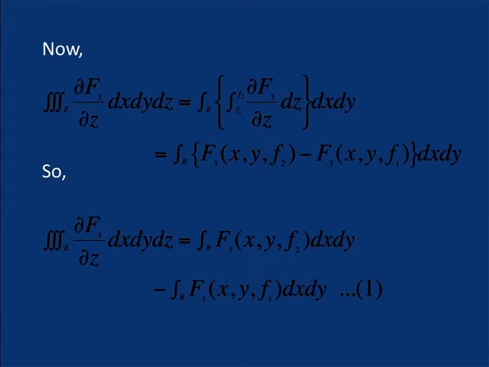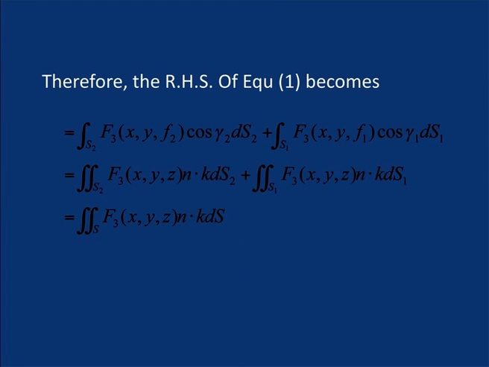Hence the triple integral over V of del f3 over del z dx dy dz becomes the double integral over R of f3 at f2 minus f3 at f1, and similarly the other two integrals can be evaluated. Hence the triple integral over the volume V of divergence f becomes the double integral over the surface of f dot n cap ds.